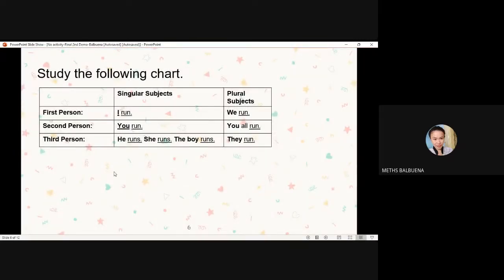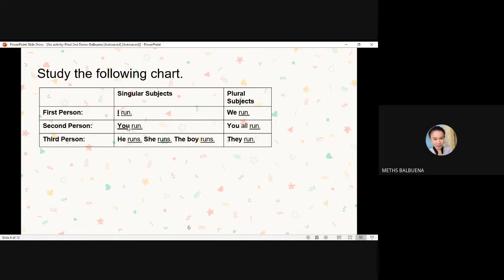Also, in subject-verb agreement, singular and plural subjects in the first person and second person are still the same, except for the singular subjects. Here, "I run" in first person, and in plural subjects, "we run."